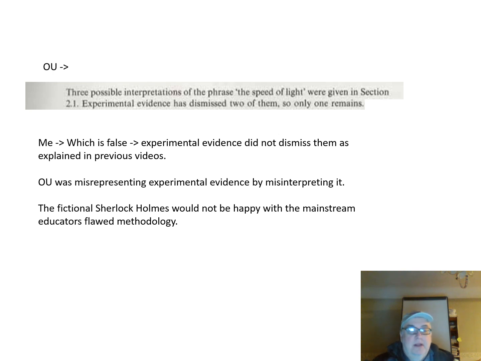And I say that is false. Experimental evidence did not dismiss them, and that was explained in my previous videos. Open University was misrepresenting experimental evidence by misinterpreting it. The fictional Sherlock Holmes would not be happy with the mainstream educators' flawed methodology.